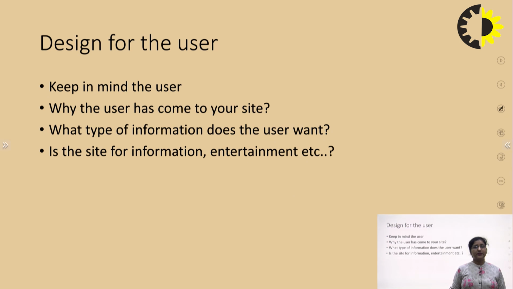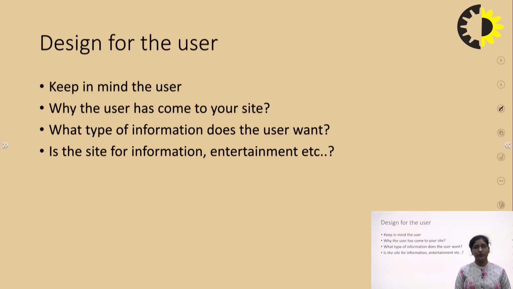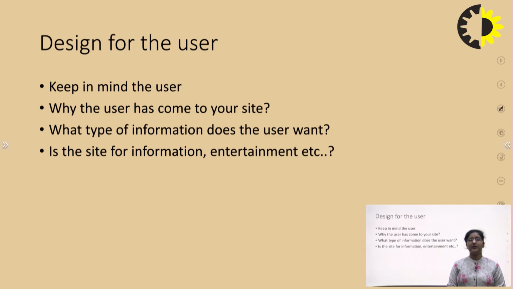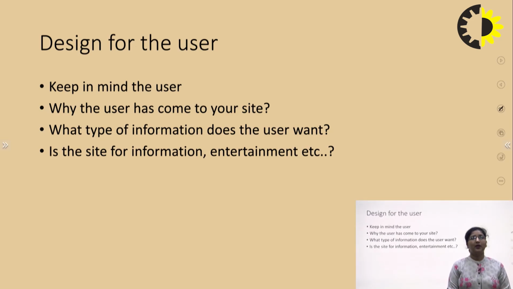Now, since we are designing for the user, what are the things we need to think about? Why has the user come to your site? There are so many websites available, so much information available. Why has the user come to my website? For that, I must fulfill that purpose. What type of information does the user want?